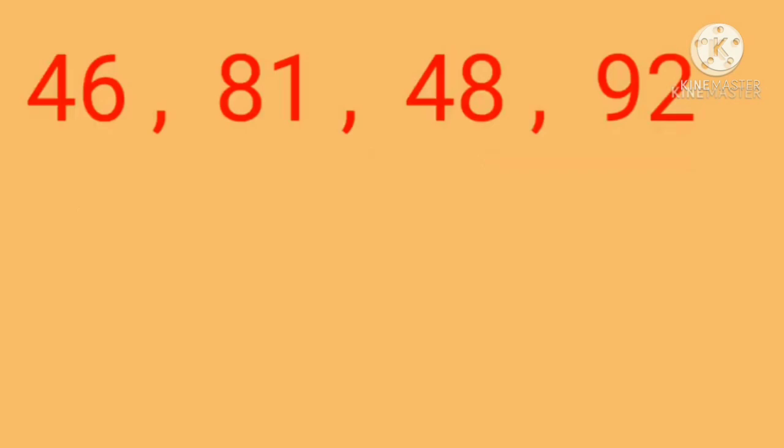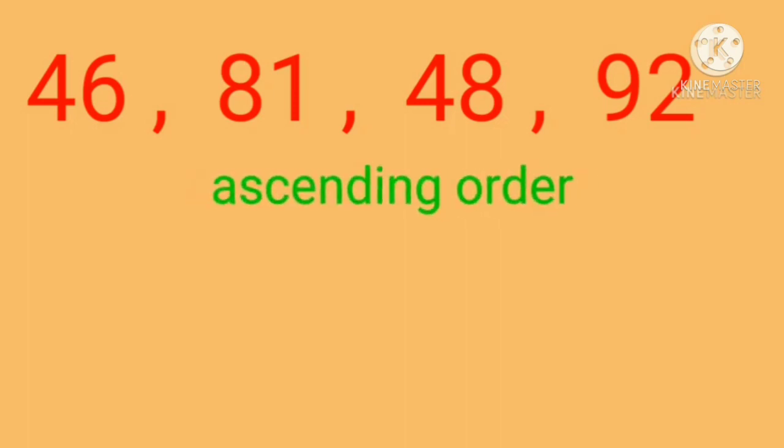Examples. See children, here you can see 4 numbers: 46, 81, 48, 92. Let us see how to arrange these numbers in ascending order. We know ascending order means arranging the numbers from smallest to biggest. Here all the numbers are 2-digit numbers, right? So let us compare the tens digit.